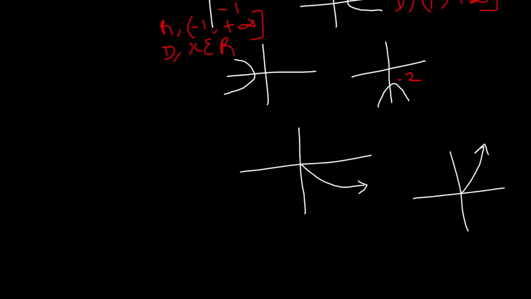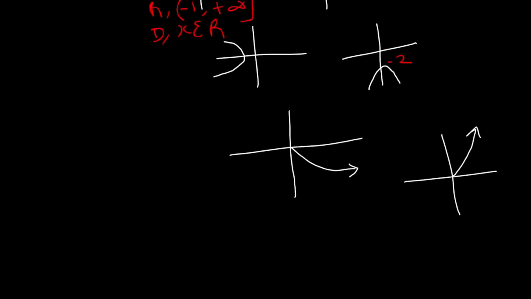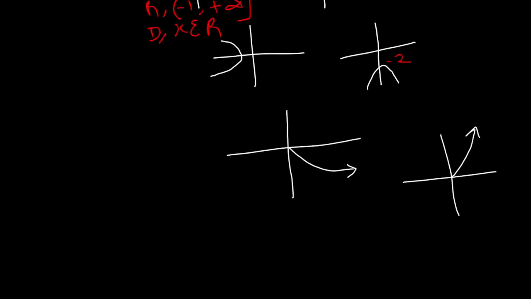Let us look at the remaining graphs. Just consider this point as -1 where the graph starts. So what will be the domain and range? The range is everywhere. Y is the element of all real numbers from negative infinity to positive infinity.